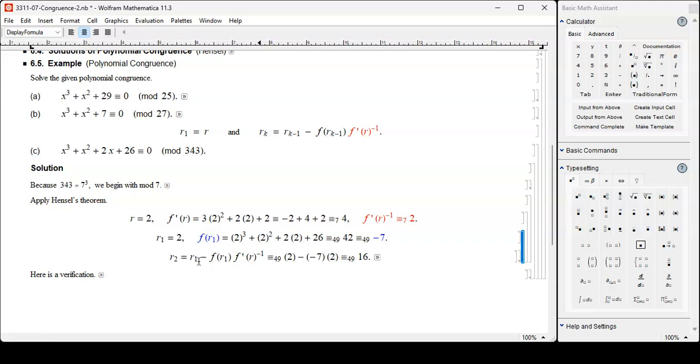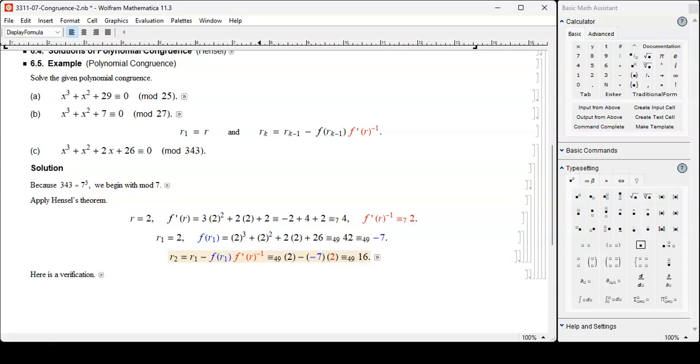So r1 is 2, and f of r1, as you calculated, is -7. And this inverse, which we calculated in step 1, is 2. So 2 minus -7 times 2, so 2 plus 14. So we have 16. Okay, we have r2.